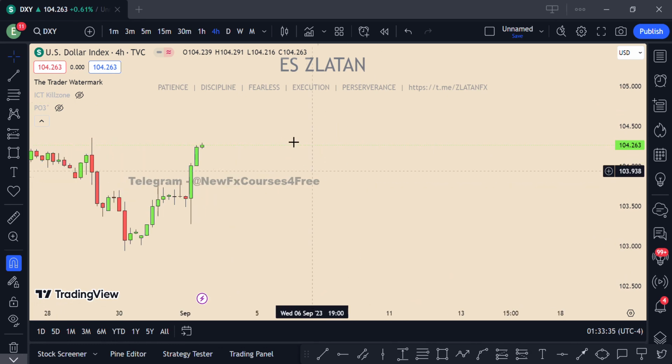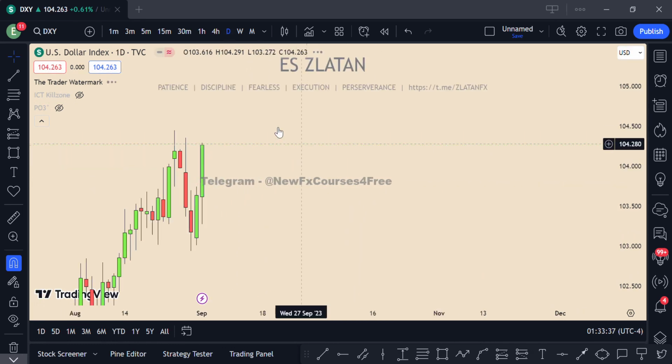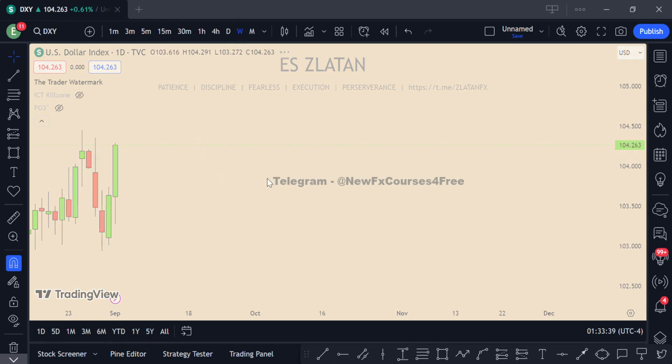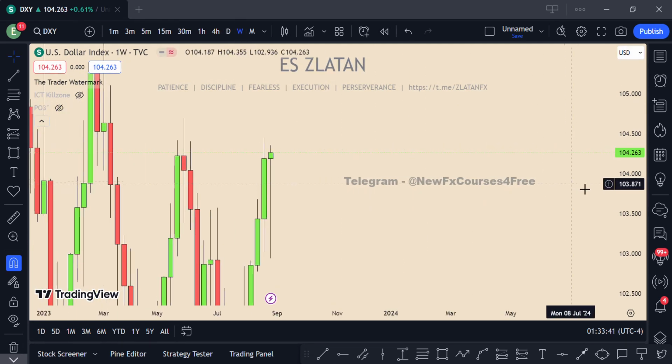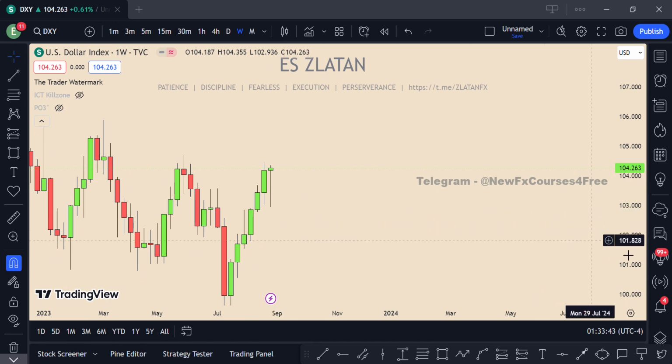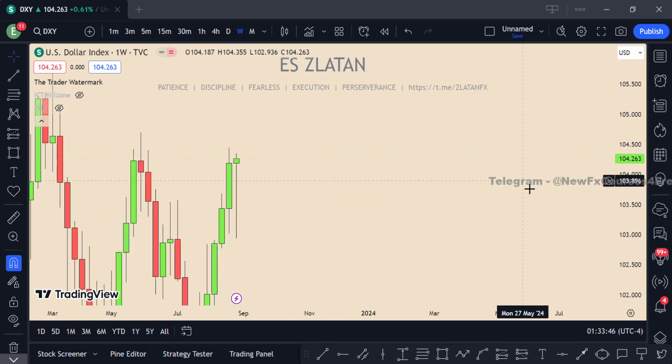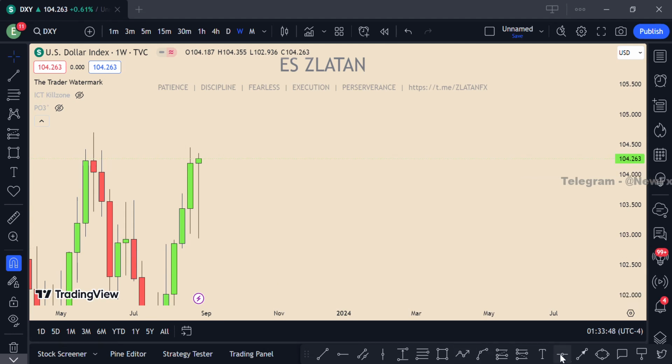So let's use a daily chart or a weekly chart, right? Now the power of trade, which is accumulation, manipulation, distribution, right? So let's take this week for instance. This was a bullish week, and this was the opening, right?